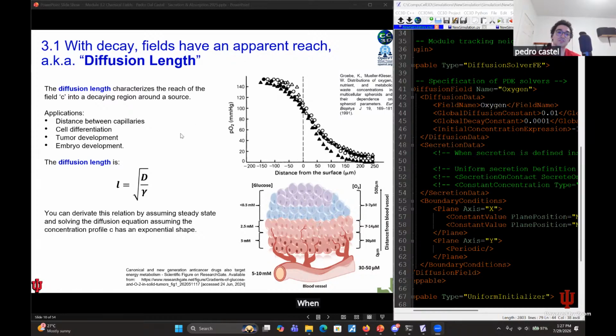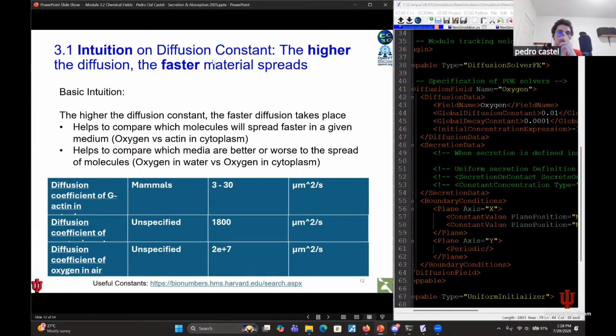When you have both diffusion and decay happening simultaneously in a region, the concept of diffusion length is important, and it's given by the square root of the diffusion coefficient divided by gamma. The takeaway from the last lecture is that the higher the diffusion, the faster your signal spreads. The diffusion coefficient will differ from molecule to molecule and from environment to environment. So the same molecule will diffuse at different speeds, let's say, in different fluid types.